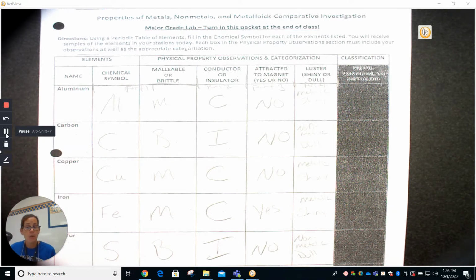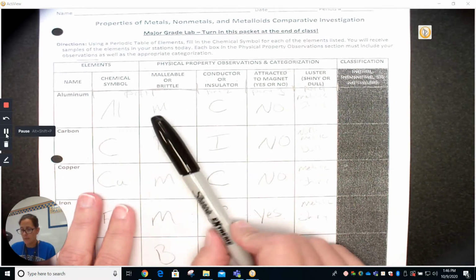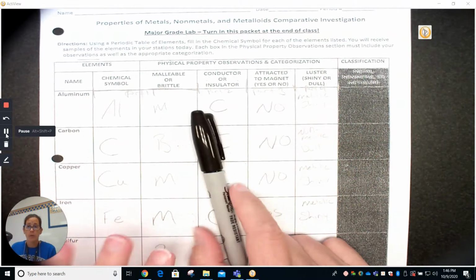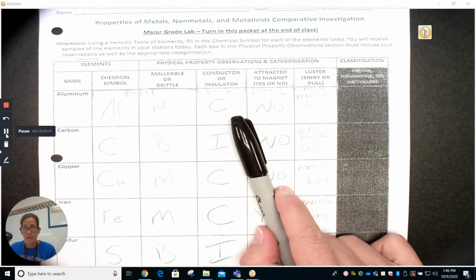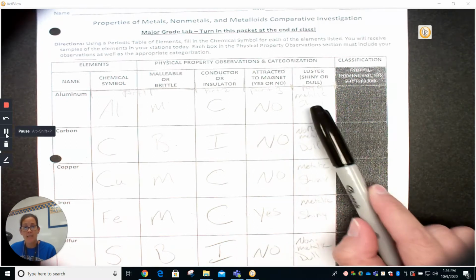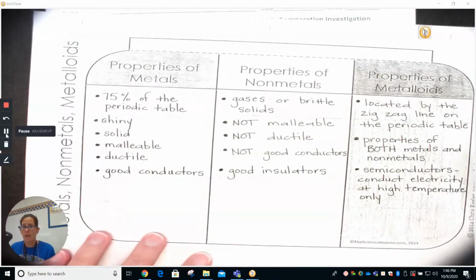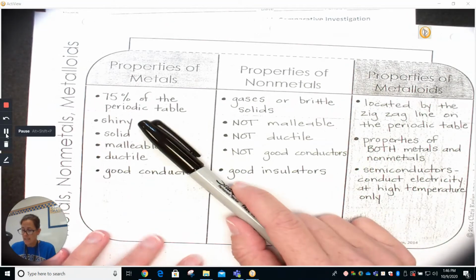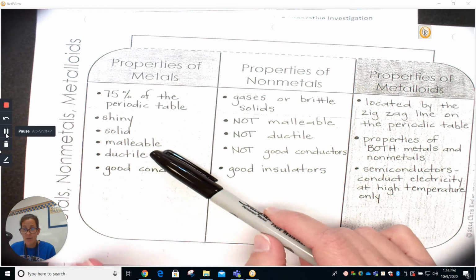Okay, so the first one we're going to look at is aluminum. So let's see, is aluminum malleable or brittle? It was malleable. It was a good conductor of electricity. It's not attracted to a magnet, but it did look metallic and shiny. So if we look at our properties of metals, we've got shiny, solid, malleable, good conductor, ductile.